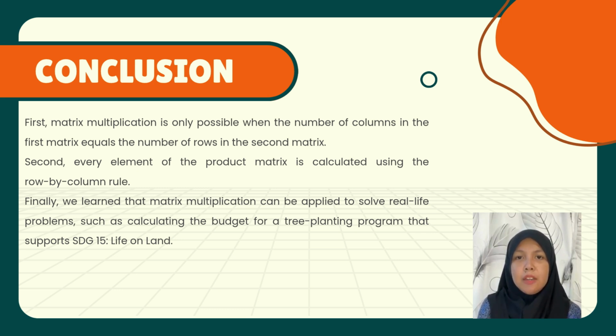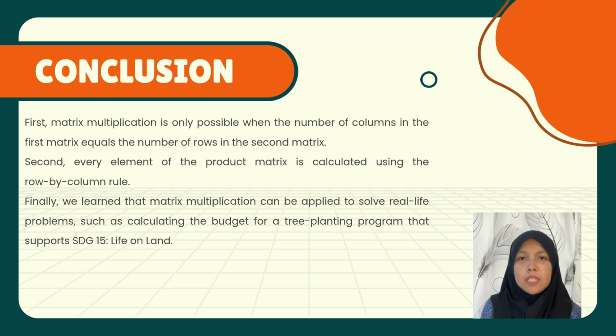Second, every element of the product matrix is calculated using the row by column rule. Finally, we learned that matrix multiplication can be applied to solve real-life problems, such as calculating the budget for a tree planting program that supports SDG 15, Life on Land.